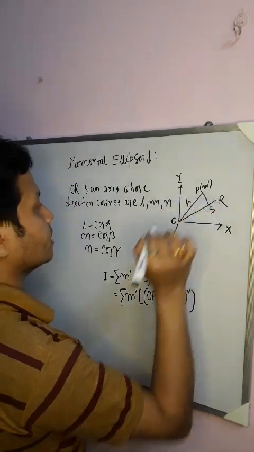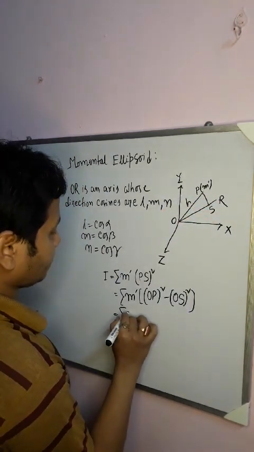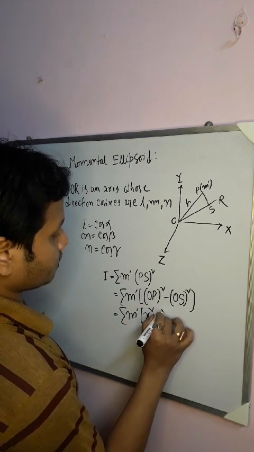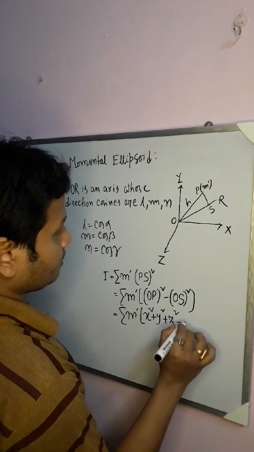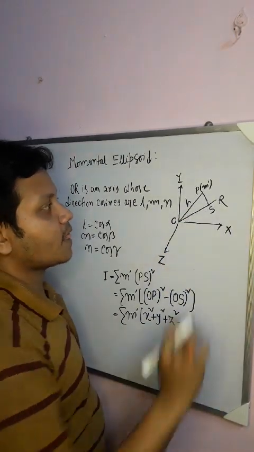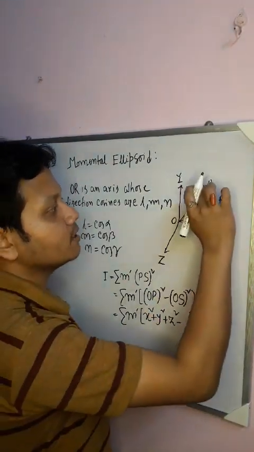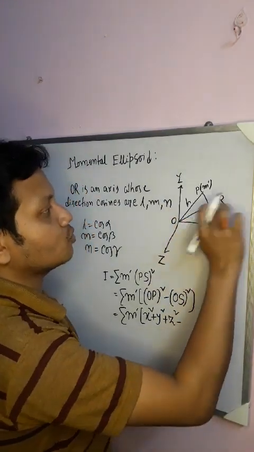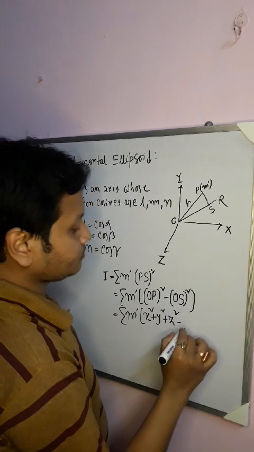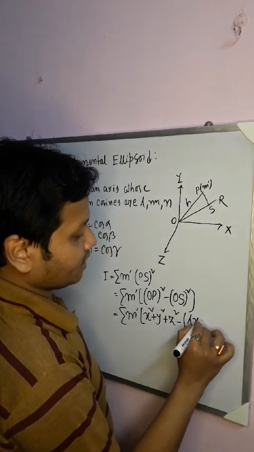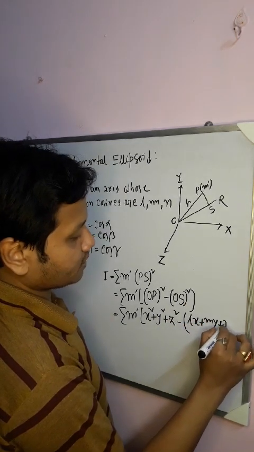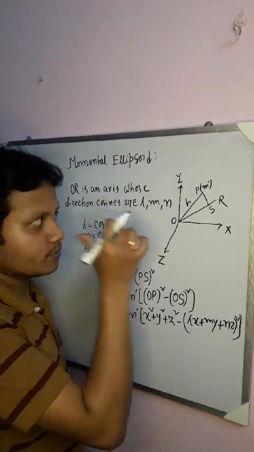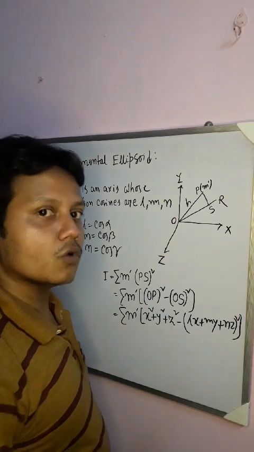If this is R vector, we can write m dash R square, meaning x square plus y square plus z square. And what is OS? That is the projection of OP on OR. That means we can write (Lx plus My plus Nz) whole square, because OS is nothing but the projection of OP on OR.